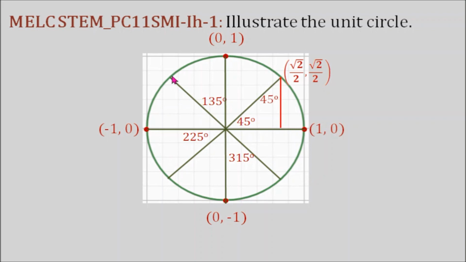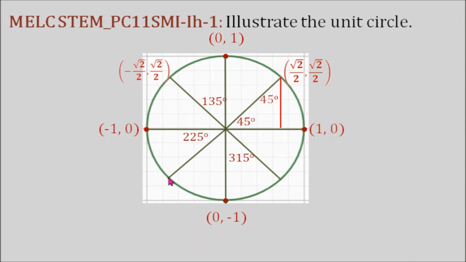And because this terminal point is on the left side of the y-axis and above the x-axis, the coordinates here are negative square root of 2 over 2 and square root of 2 over 2.